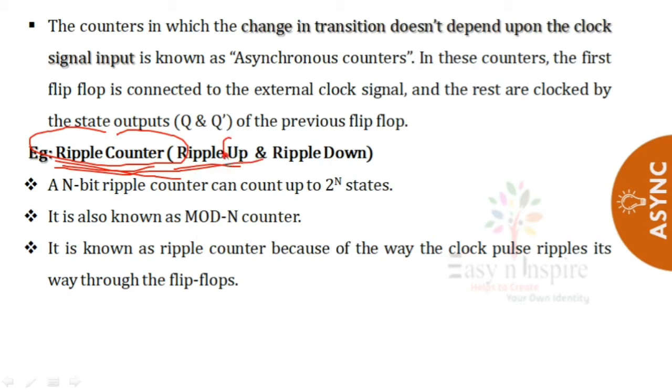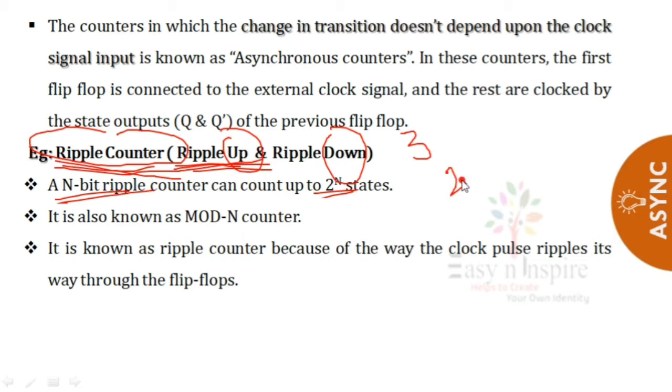We know up and down are two types of counters, to count in two different ways, for up counting and for down counting. In today's session, I am going to discuss the ripple up counter. See here, an n bit ripple counter has 2 power n states. Consider I am taking a 3 bit ripple counter.